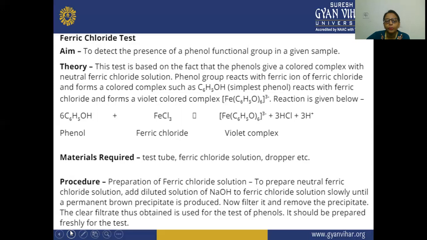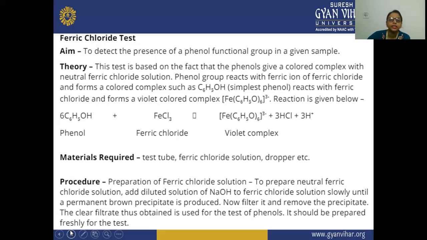The phenol group reacts with the ferric ion of ferric chloride and forms a colored complex. C6H5OH, the simplest phenol, reacts with ferric chloride and forms a violet colored complex. The reaction is given below.